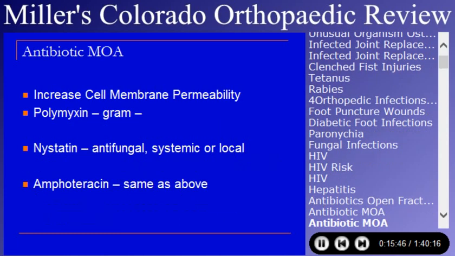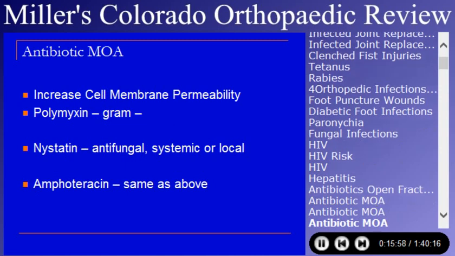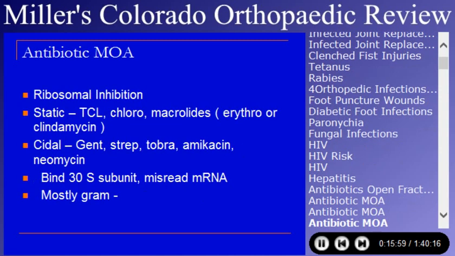Increasing cell wall permeability. If you're in a fungus belt particularly or treating ICU patients, you may well be using amphotericin. Ribosomal inhibition, gentamicin, tobramycin. Tobramycin you're especially going to be using making antibiotic beads. It has good antibiotic elution characteristics.